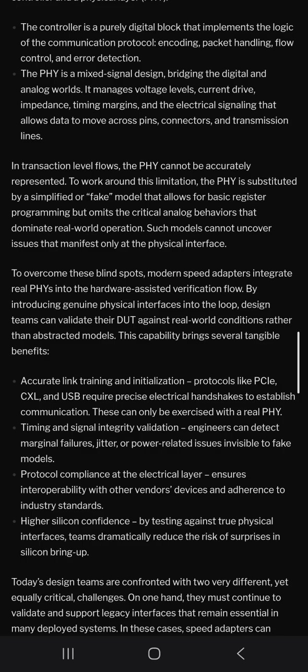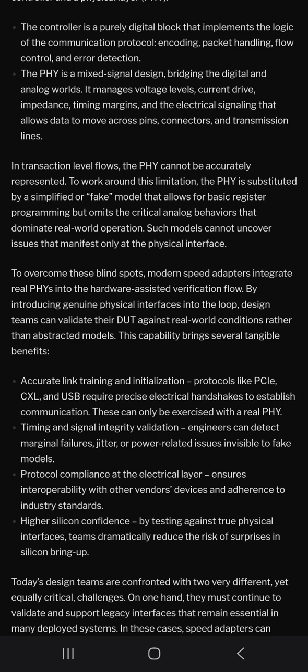Accurate link training and initialization. Protocols like PCIe, CXL, and USB require precise electrical handshakes to establish communication. This can only be exercised with the real PHY. Timing and signal integrity validation. Engineers can detect marginal failures, jitter, or power-related issues invisible to fake models.